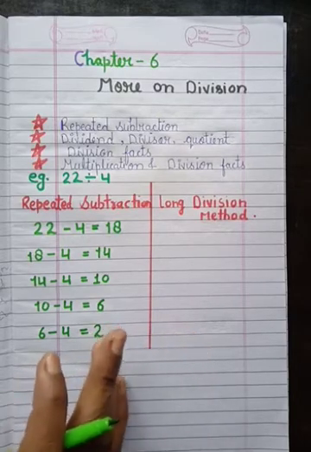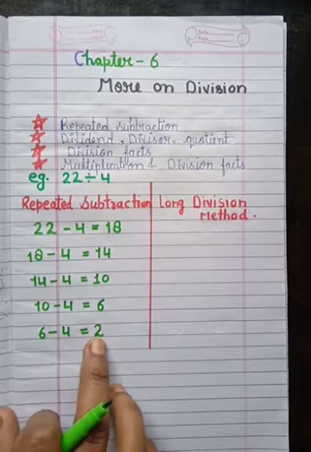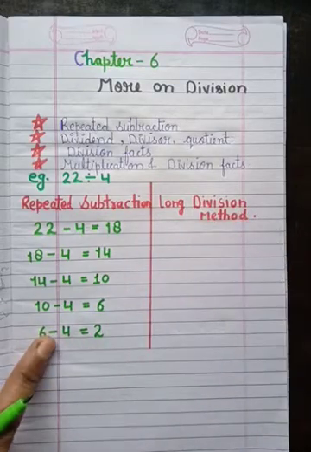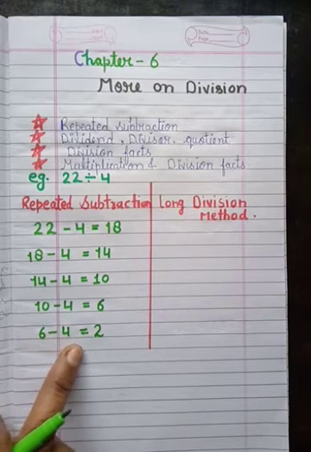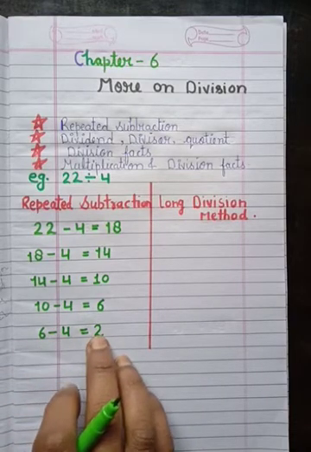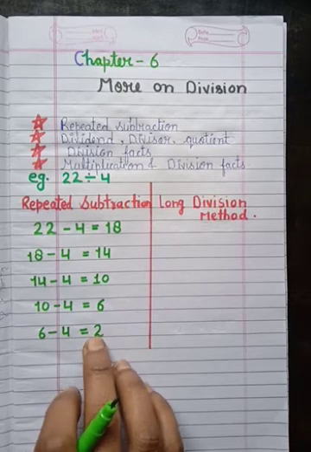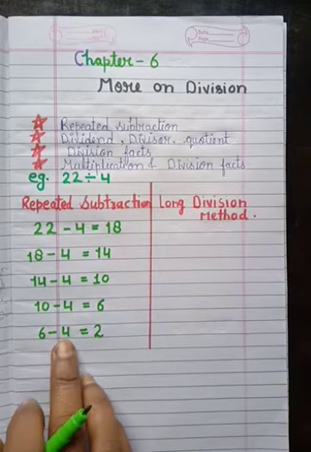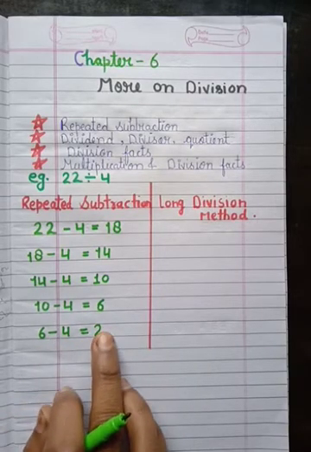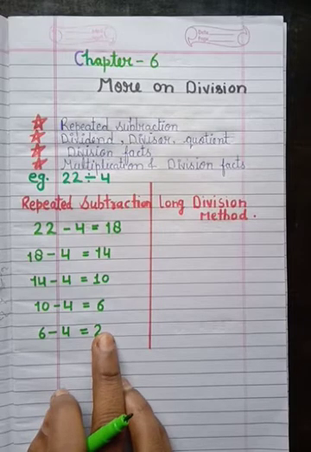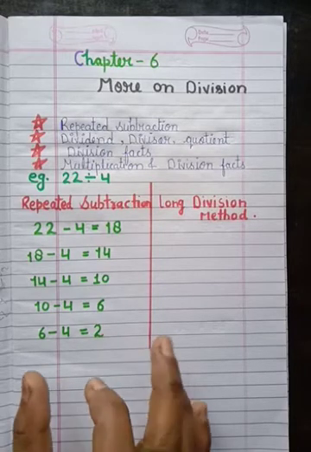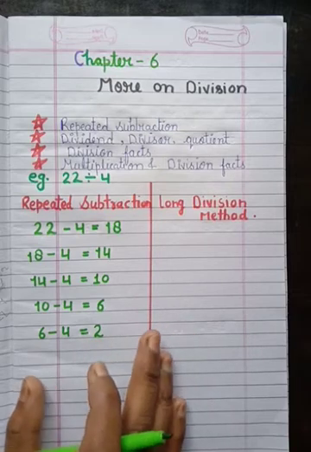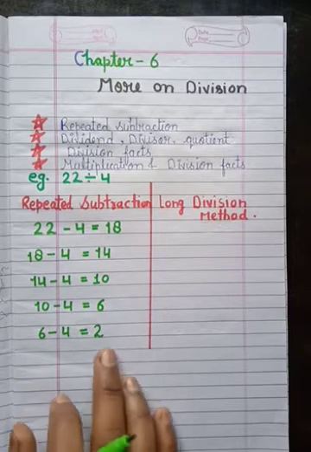Students, last time the answer was 0 and then we stopped, but now in this question, we can't subtract 4 from 2. So we have to stop when the value after subtraction is 0 or less than the divisor.